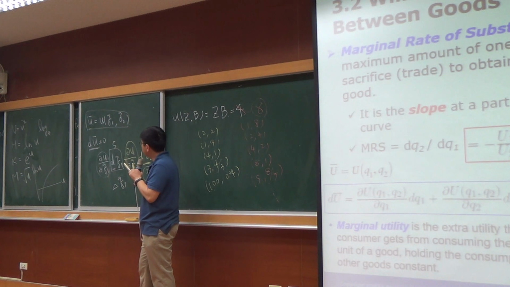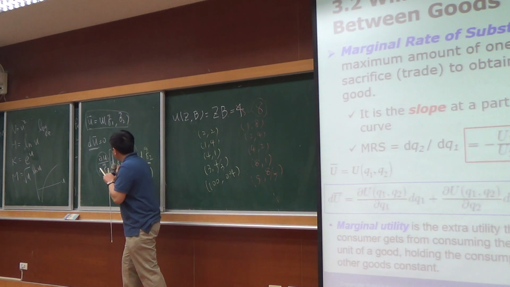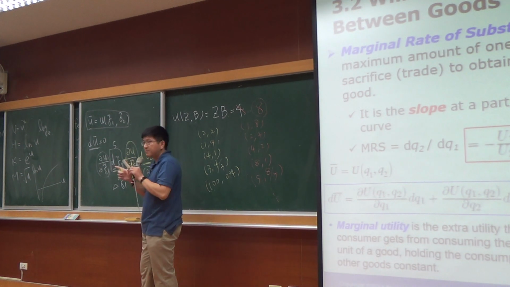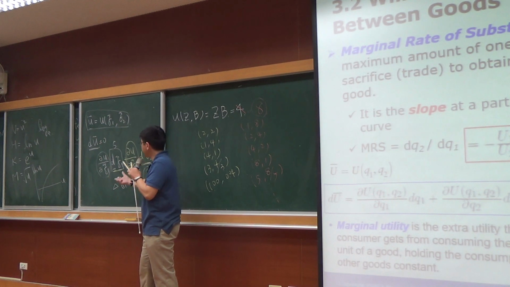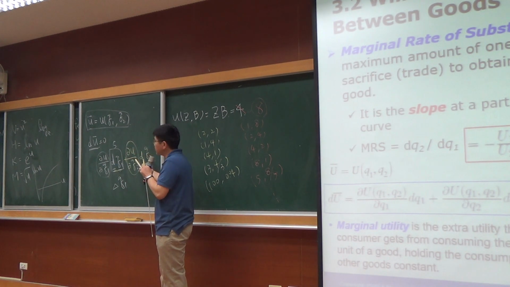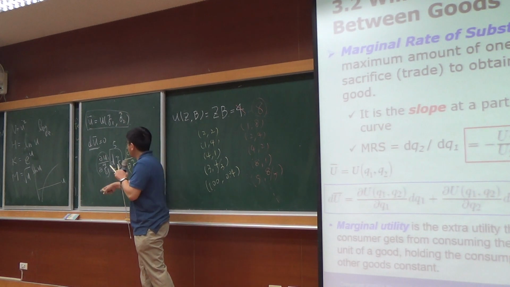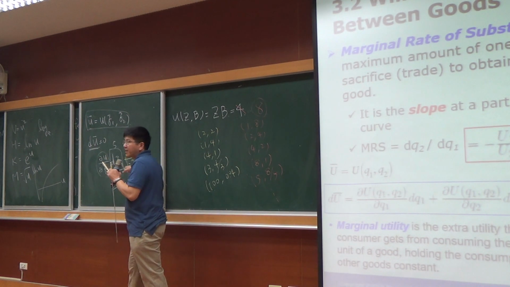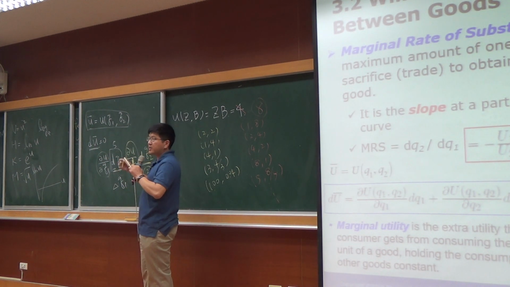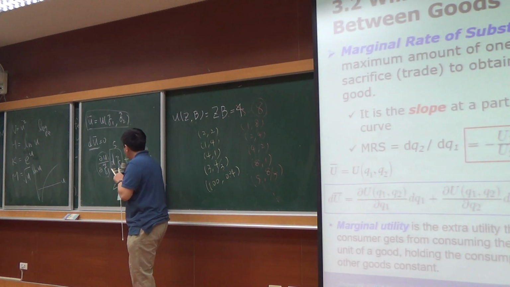Unchanged for Q1 here. And this is the size of the change in Q1, the size of the change in Q2. So just multiply. And this is the total effect of the change. All right?